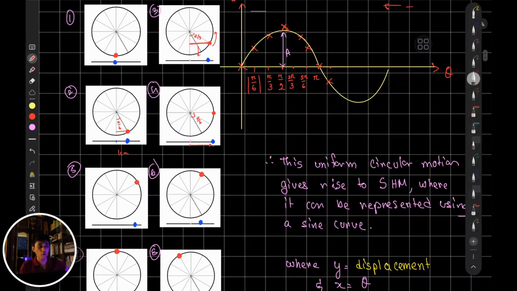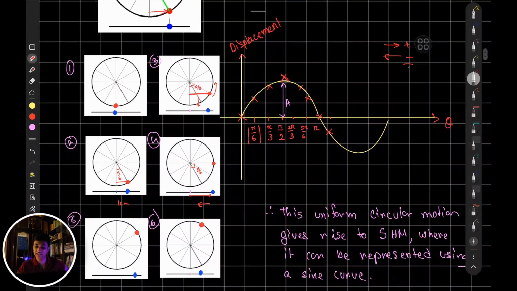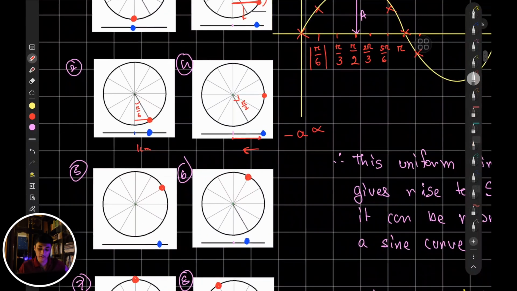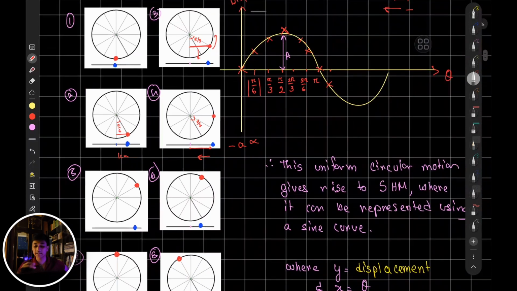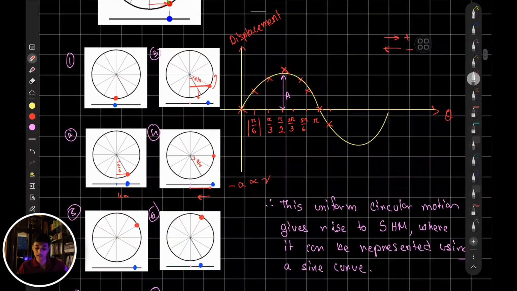So if the blue bob is accelerating towards the middle, it is accelerating in this direction, and we've said towards the left is negative. So minus A is proportional to, in which direction is the blue bob compared to the equilibrium? It is in the rightwards direction. We have taken right as positive, so we say positive x. X is the displacement.